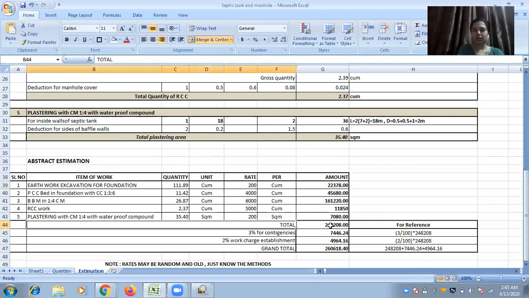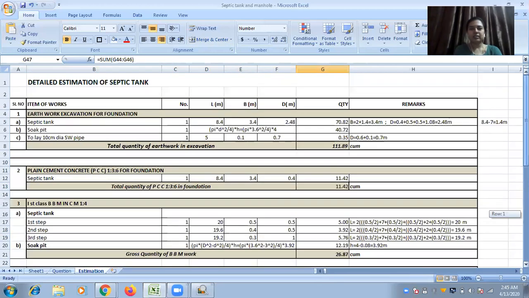Multiply the quantity with the rate to get the amount. You will get the total. For this, you have to leave 3% for contingencies, that is 3 into 100 for this amount, and next 2% for work charge establishment. If you add all these three, you will get the grand total. If you do all these things, this problem completes.